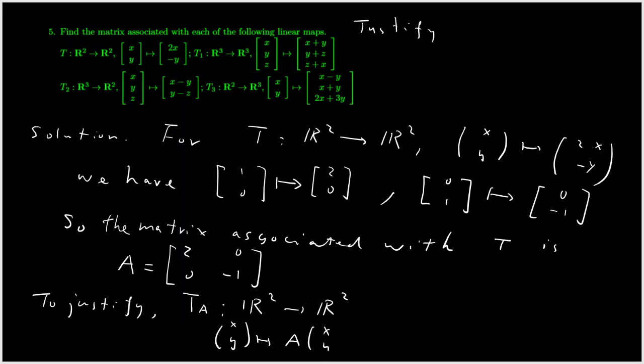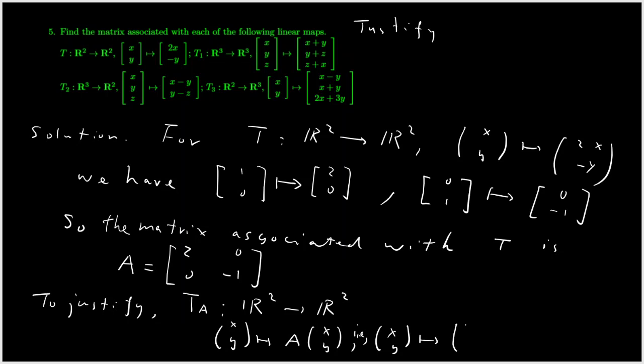So this time I actually want you to compute A times (x, y) as the product of two matrices. Do not look at T. Now I want you to use the matrix to get T sub A, the linear map determined by A. And you compute A times (x, y).